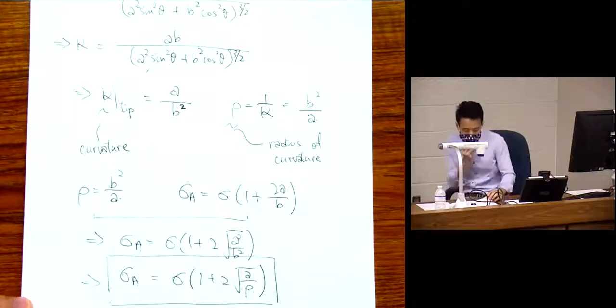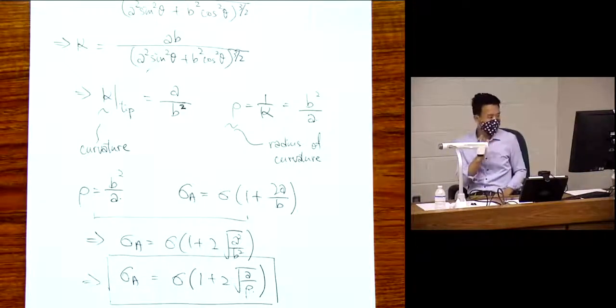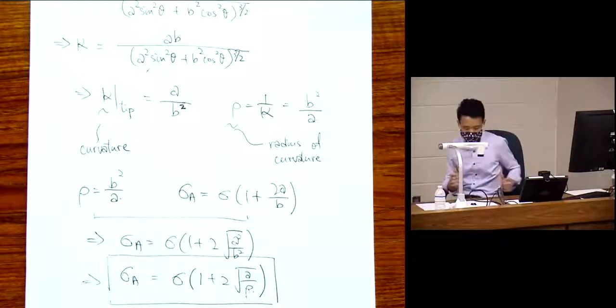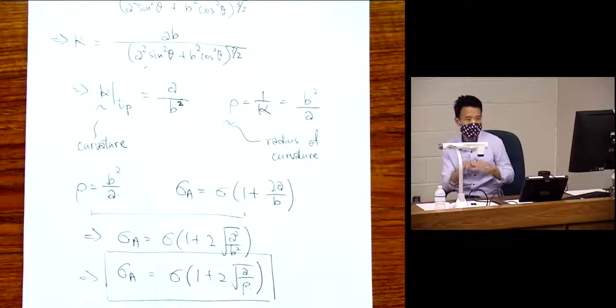Now, there are some difficulties with this, again, because if we want a very, very sharp crack, that means we are going to allow the radius of curvature, rho, to go to 0, right? So as rho tends to 0, the crack becomes extremely sharp, atomically sharp.